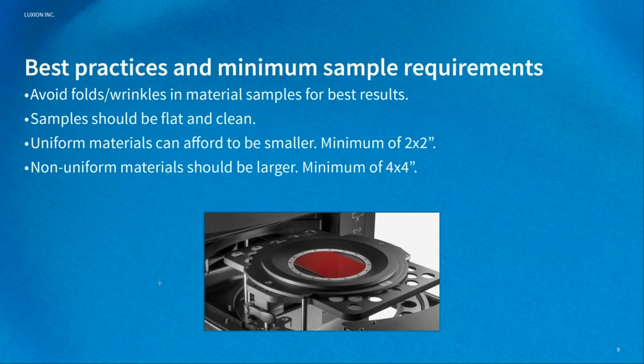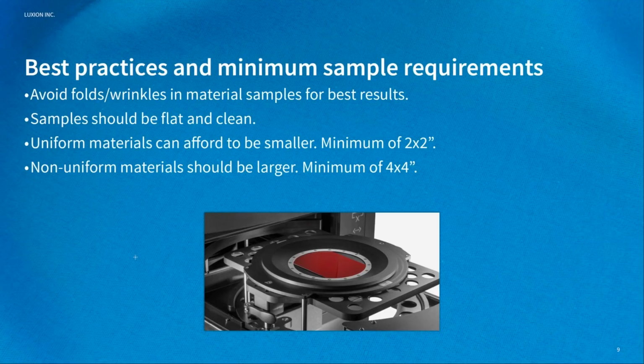And then as far as best practices and minimum sample requirements, I found that it's important to avoid folds and wrinkles in the material. If you have a piece of fabric that has been crumpled up or folded, and that fold is captured in the scan, then you'll see that fold being repeated when you're scanning it.